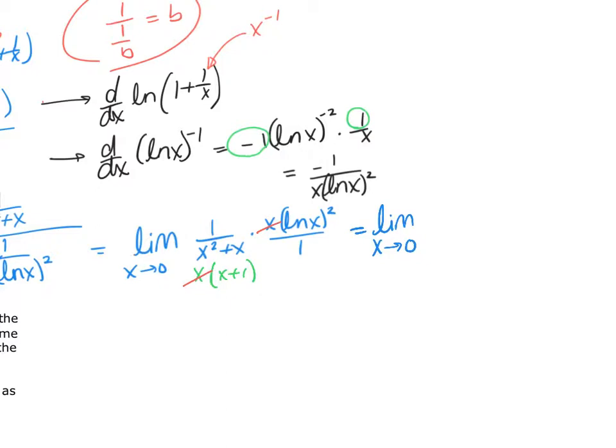So what I have is the limit as x approaches 0 of x, the natural log of x squared, over x plus 1.